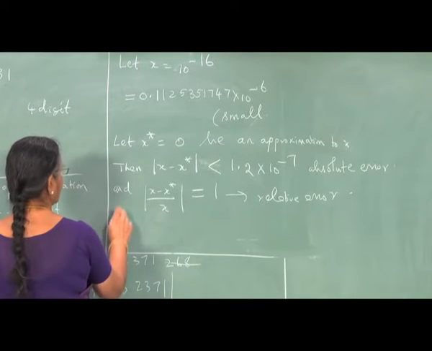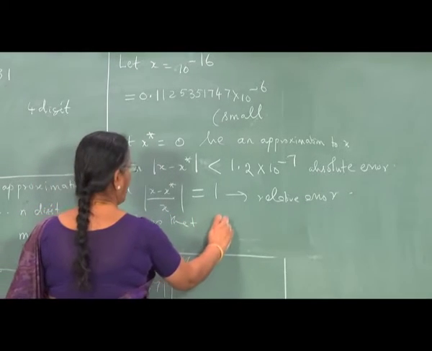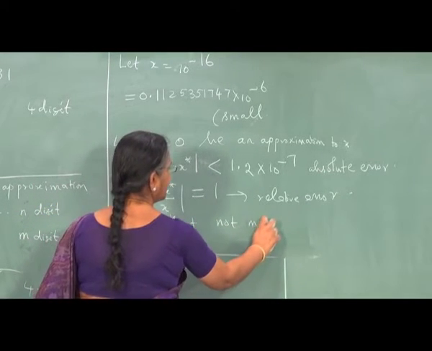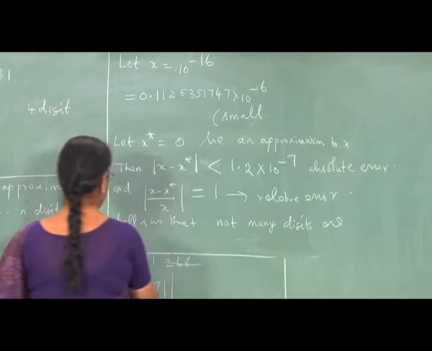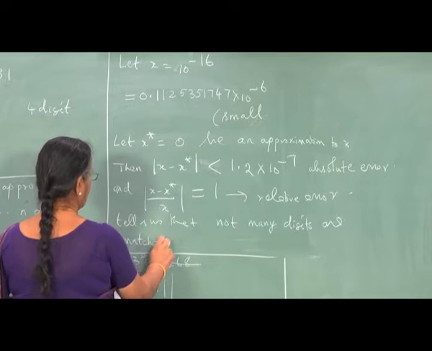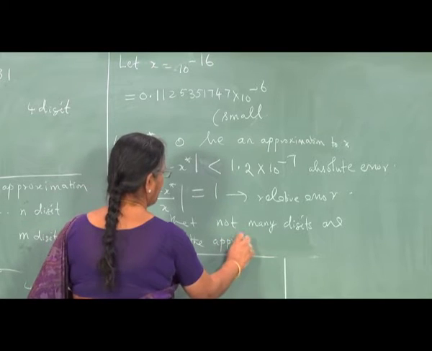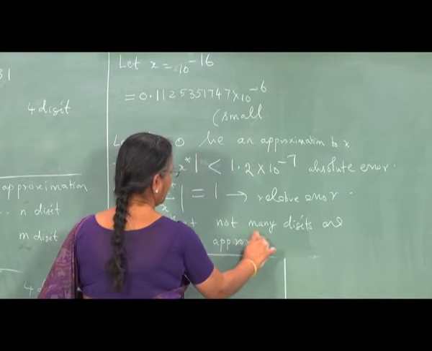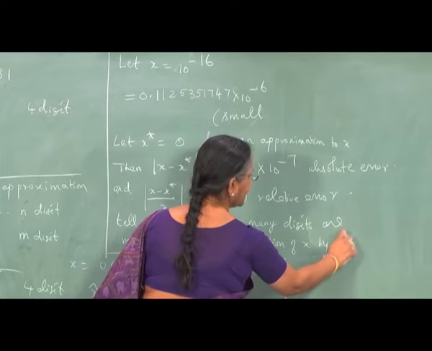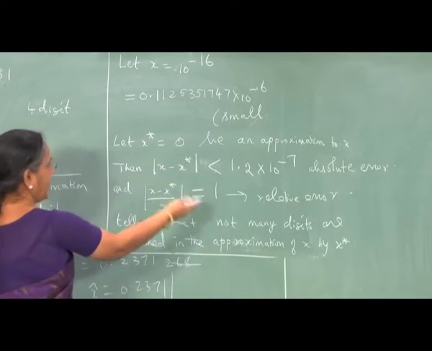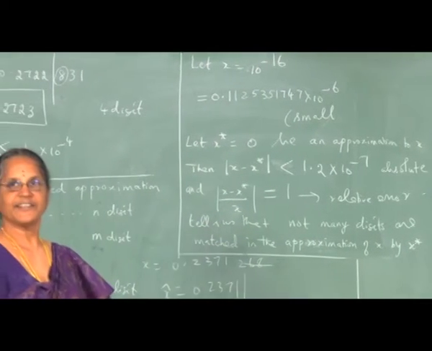What does it tell? It tells us that not many digits are matched in the approximation of x by x star, because the relative error is 1. You have made 100% error.